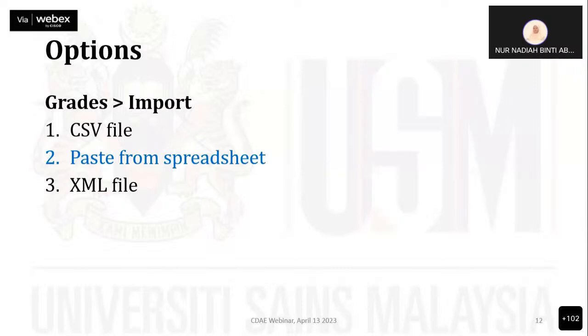So what I usually do is use the email address of the students as the unique ID to identify that if the email from the spreadsheet matches the one in eLearn, then please take the mark and put it there. Okay, so how do I do that?